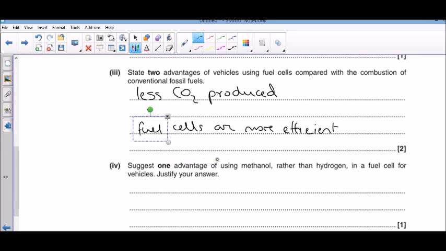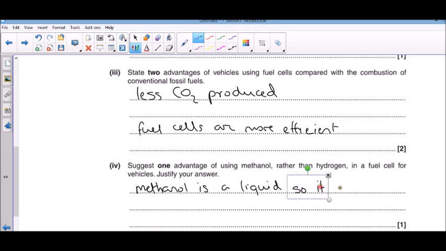Then we've got one advantage of using methanol rather than hydrogen, so I'm just going to say methanol is a liquid. Okay, because if you remember what you should have learnt, hydrogen is a gas and it's got to be stored under pressure. Methanol is a liquid, so it's much easier to transport. I'm going to need to say that as well.